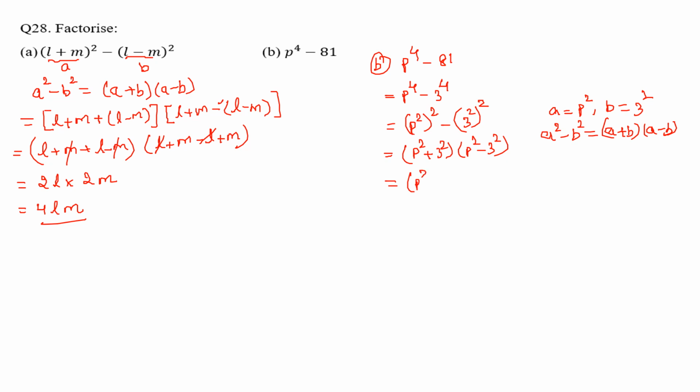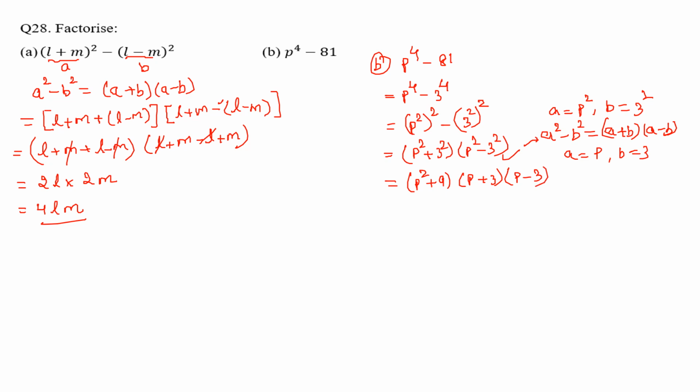P square plus 3 square is P square plus 9. Now again if you see the second one, again this is the identity A square minus B square. This time your A is P and B is 3. So it will be A plus B, which is P plus 3, and then P minus 3. So this is the factorization.